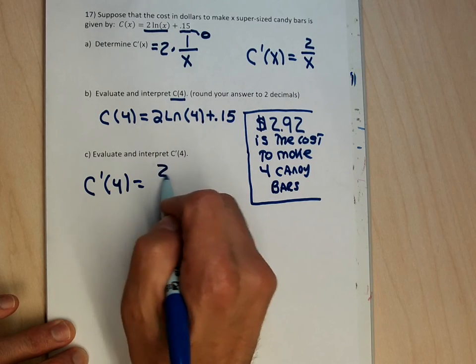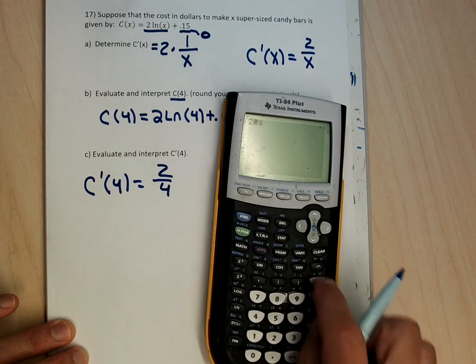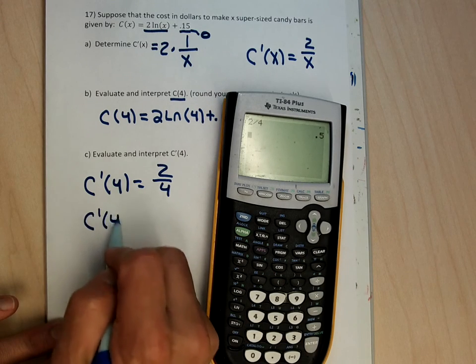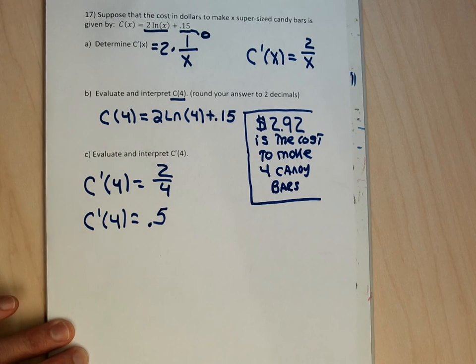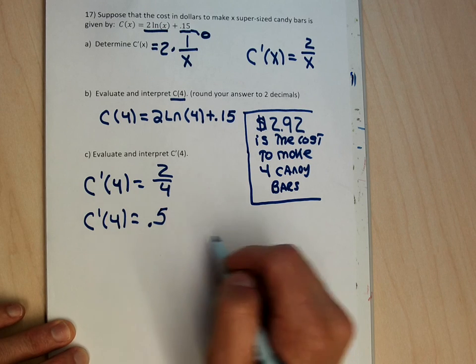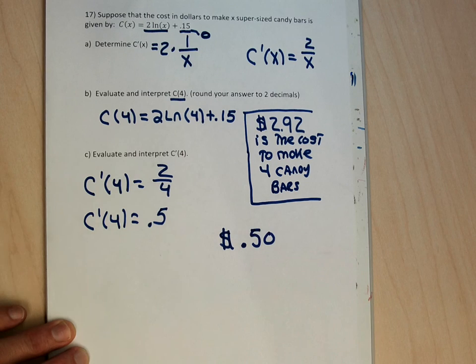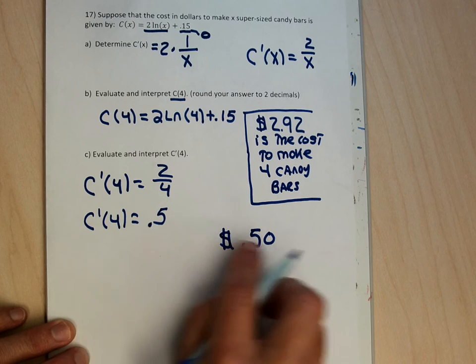That's going to be 2 over 4, and I know that 2 over 4 is 0.5 or 0.50. So I get C prime of 4 is 0.5, which is a half a dollar or 50 cents. If I want to write this as a dollar amount, I'm going to say dollar sign 0.50, rounded to 2 decimals.